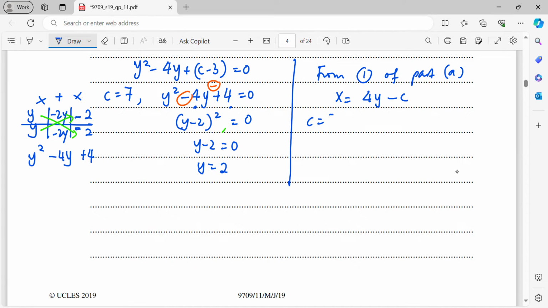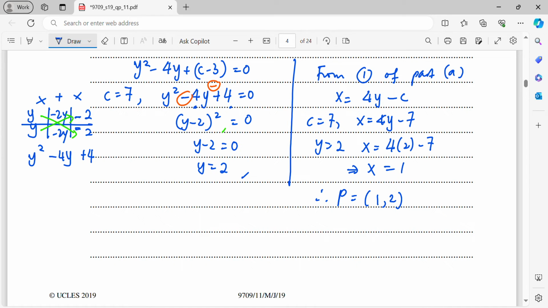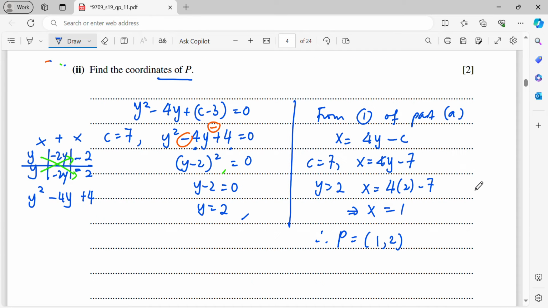And now my c is 7. That means my x becomes 4y minus 7. And we have found the y equals to 2. Therefore, your x is 4 bracket 2 minus 7. That is 1. Hence, I get my P with coordinates 1 and 2. So that's the solution for part 2.